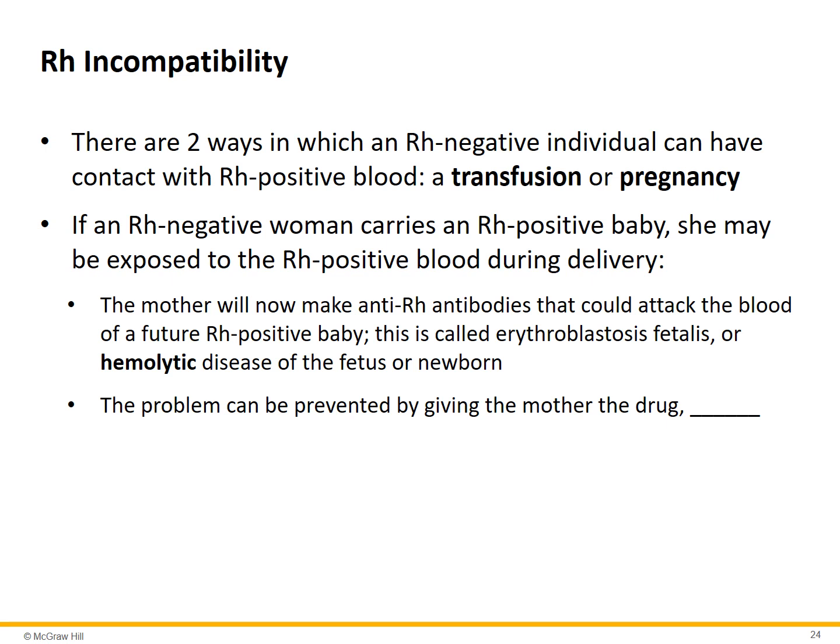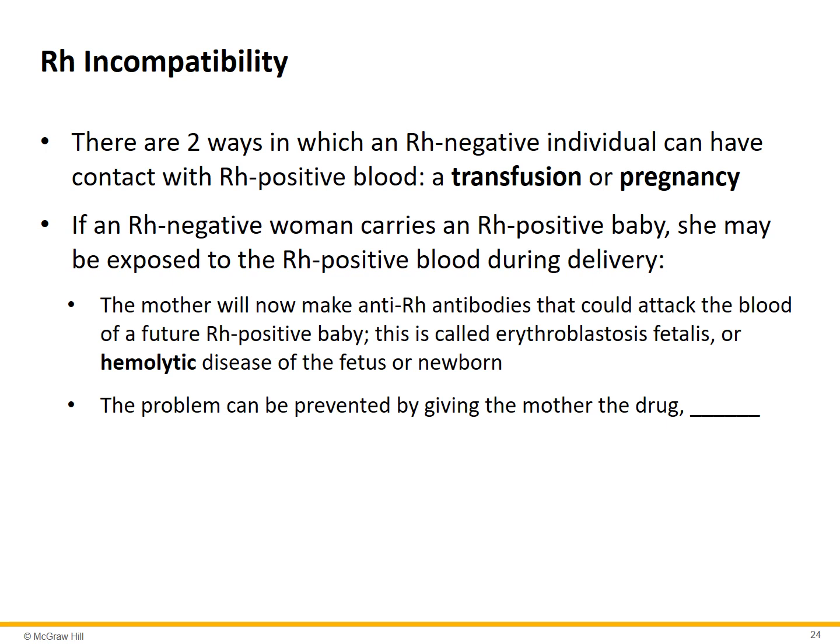The mother may be exposed to Rh positive blood during delivery. She will then make Rh antibodies, which could go from maternal circulation into the fetal circulation of a future Rh positive baby, and this can cause the breakdown of the fetus's red blood cells.